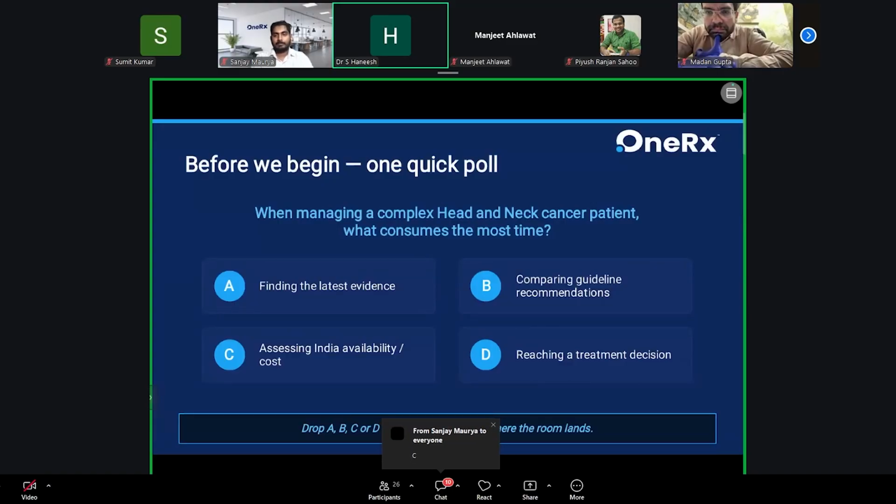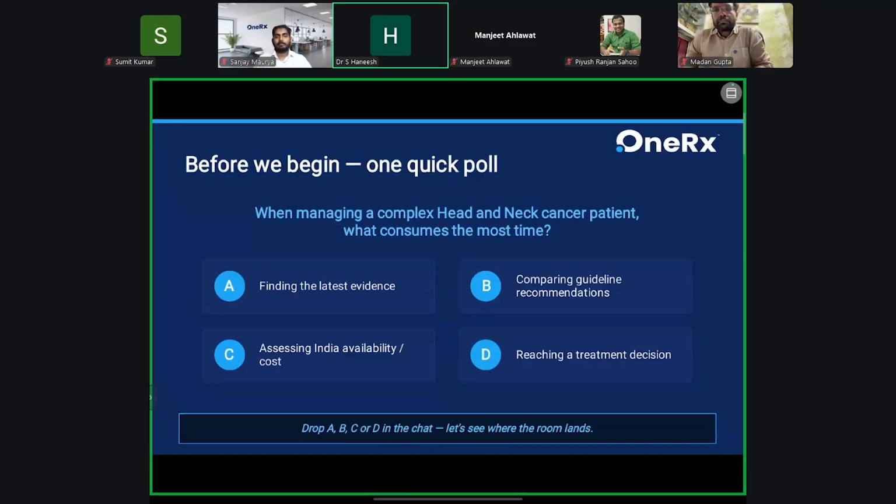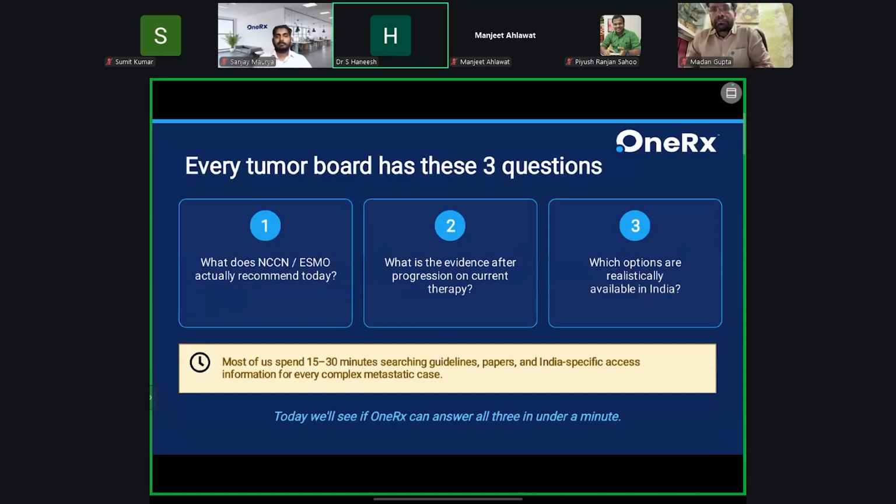As I highlighted earlier, finding information is not a big challenge anymore. The real challenge is bringing together the right information at the right time for the right patient. Head and neck cancer is a great example of that. For any oncology site, oncologists face three important questions in any tumor board. What do NCCN or other guidelines actually recommend today?